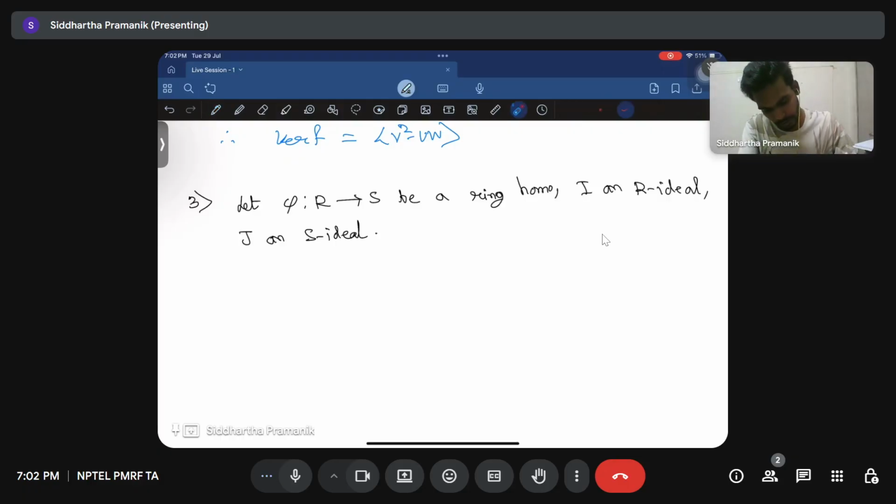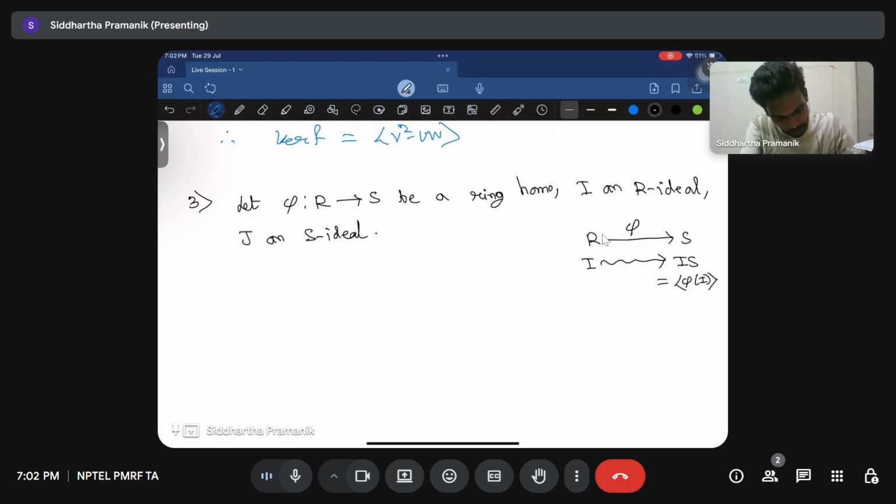So recall that here you have R, here you have S, here you have phi, and you have the ideal I. Now if you extend it, the extension, we denote it just IS, is actually the ideal generated by the image.